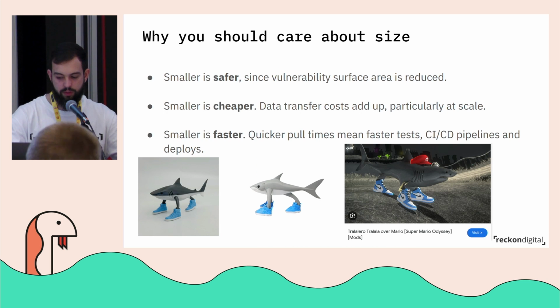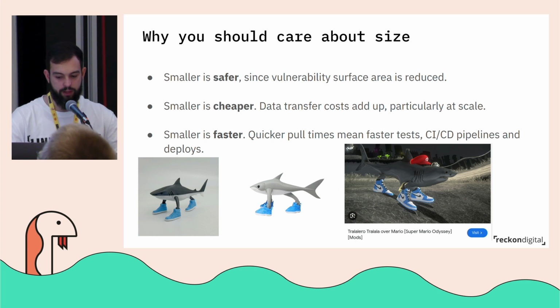Well, it turns out that you should care about size because, especially at scale, you do notice these differences. The most important point, perhaps, is that the smaller container is by default and by definition safer. The fewer applications you're bundling in your container, the less surface area you have for attacks. Also, as I mentioned, you will notice this more at scale, but this is generally true.